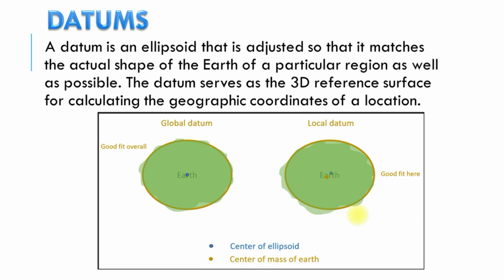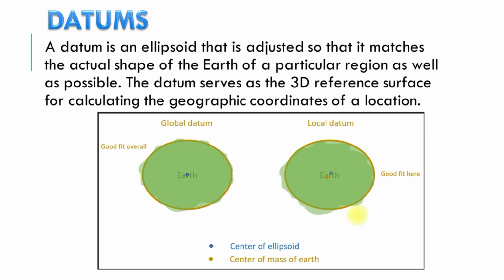So therefore the mathematicians and the geographers created a mathematical model of our Earth, an ellipsoid, which makes the best representation or approximation of our planet.